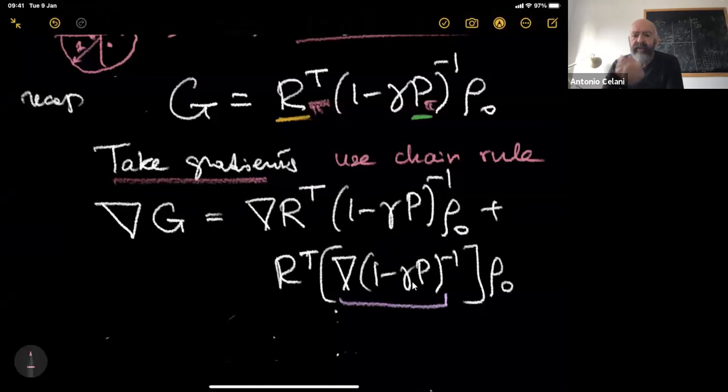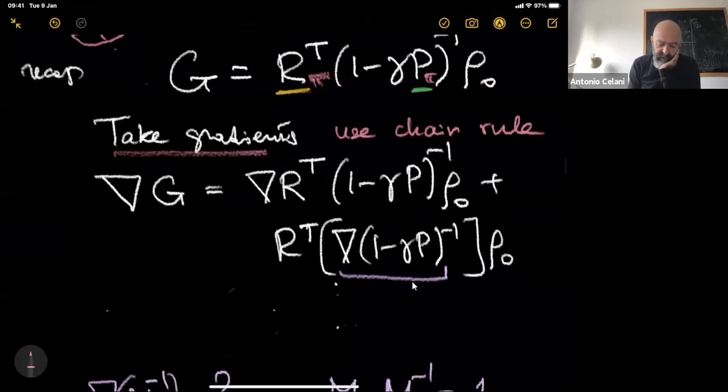And if it were a real function, you would know how to do it. This would be the derivative of f to the minus 1, and you would know how to do that. It's just the rule for the inverse of a function.